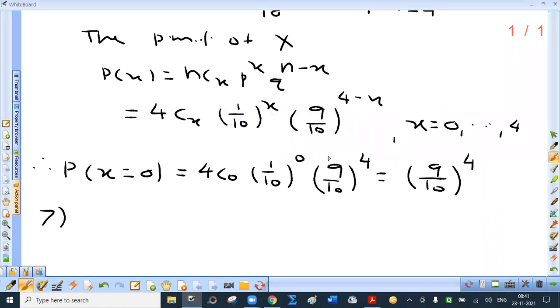Next line, P equal to small p, the probability of getting a correct answer, equal to 1 upon 3. Therefore, Q equal to 1 minus P, that is 2 upon 3.